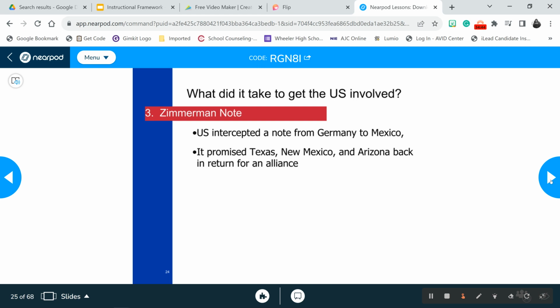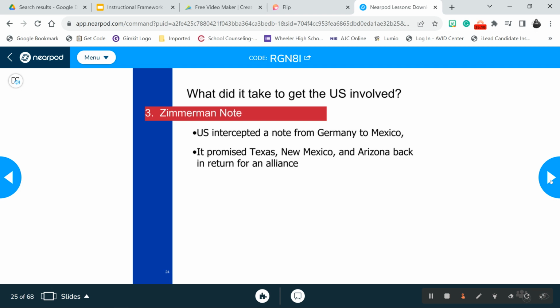Remember the Mexican-American War? Remember the whole Southwest? They could have got that back. Texas, California, Arizona, New Mexico. Y'all remember we talked about that, right? The Zimmerman telegram basically said, you fight on our side, you distract the United States before they fight with you. You win that war, we'll support you and get back all that territory. Not a bad deal for Mexico because they did lose the territory, right?